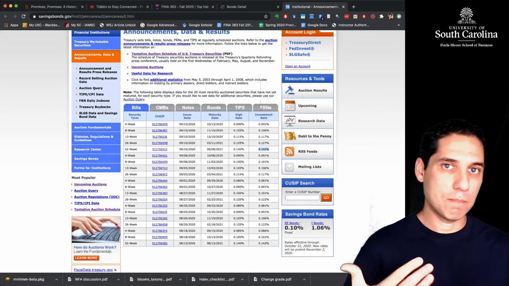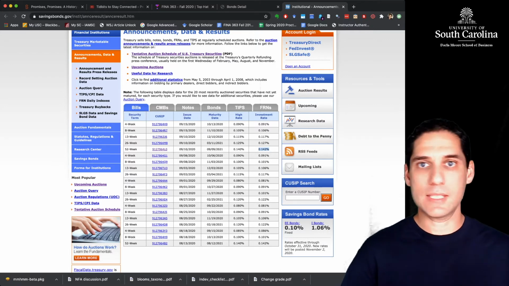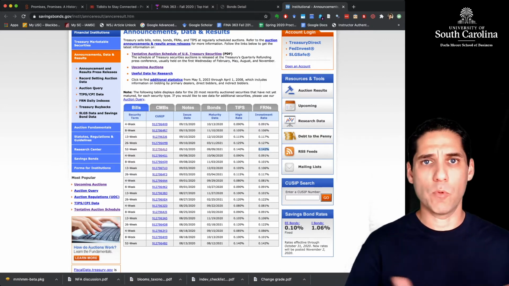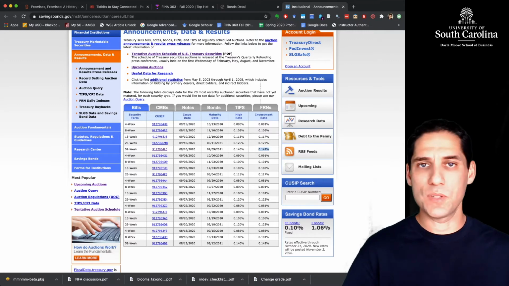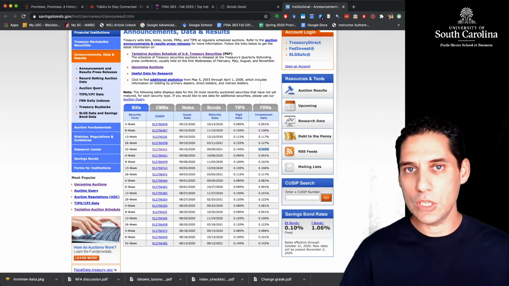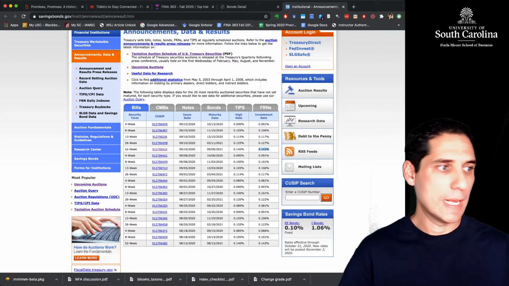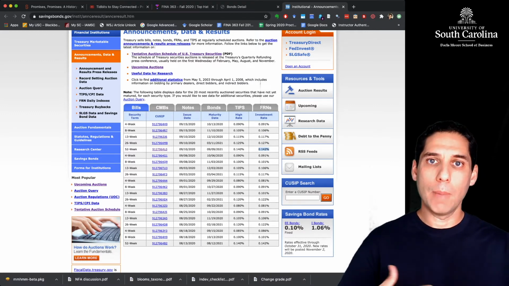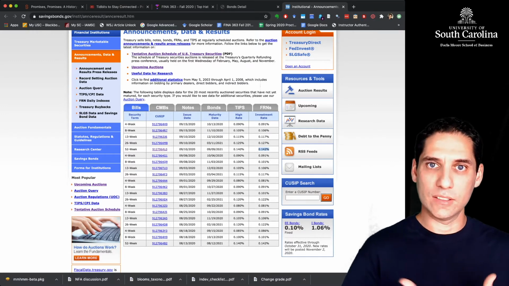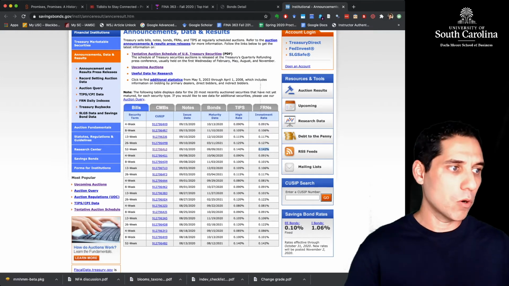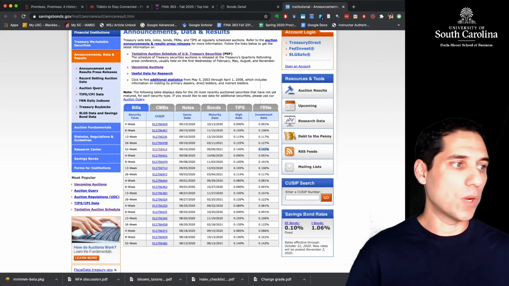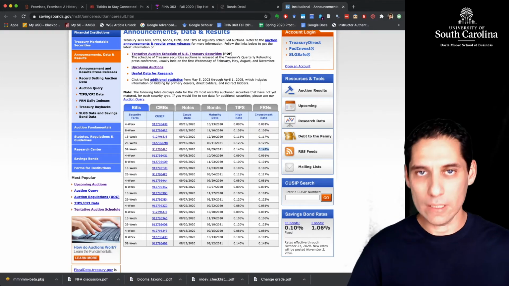And investors bid by saying what is the yield they are willing to accept. Some of them were as low as 0.09%. Some investors bid 0.1%. But they were able to fill up the whole thing. Their target $34 billion of borrowing at a 0.142 yield.